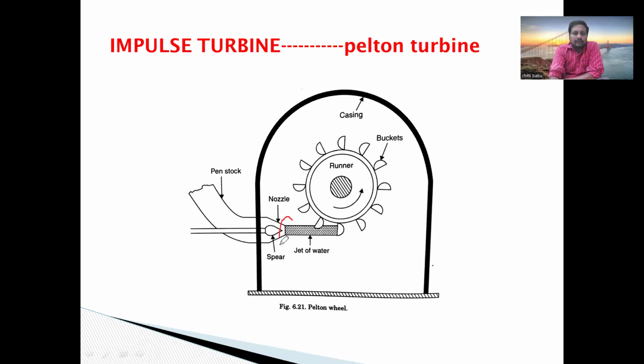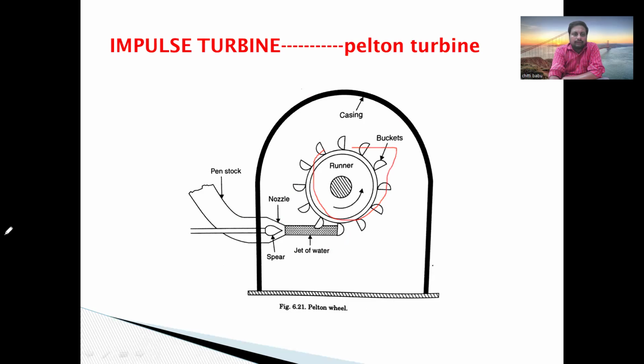The available energy at the inlet of the turbine is only kinetic energy. Here we are using nozzles. In the impulse turbine we use nozzles, whereas in the reaction turbine there are no nozzles. The outcome of the nozzle we call a jet of water. This jet of water strikes the turbine vanes.